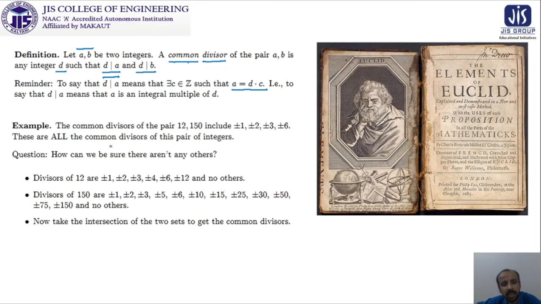Initially you will feel, oh, these are very basic and trivial examples, and it is true, but these are actually the basic building blocks of the next ideas on the Euclidean technique.